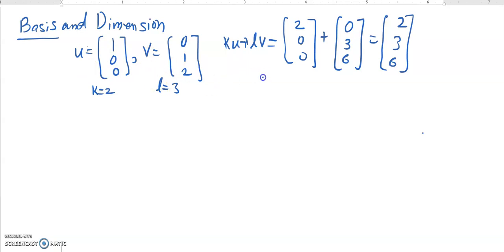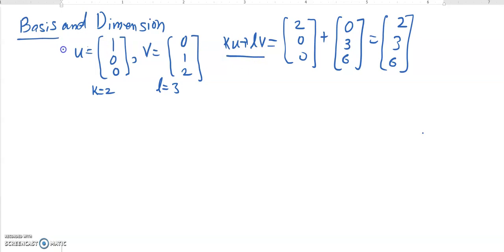Conversely, if we go backwards, if we have this vector 2 3 6, we can say that these vectors u and v are the basis of this resulting vector ku plus lv.